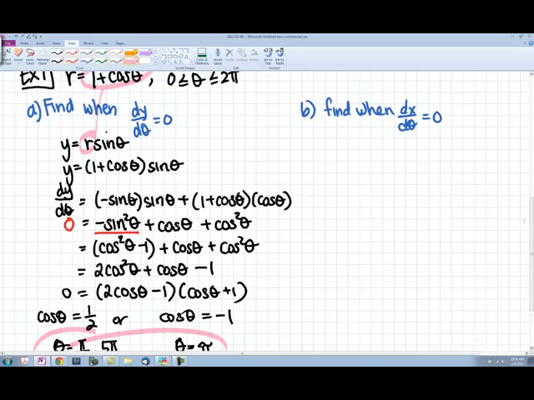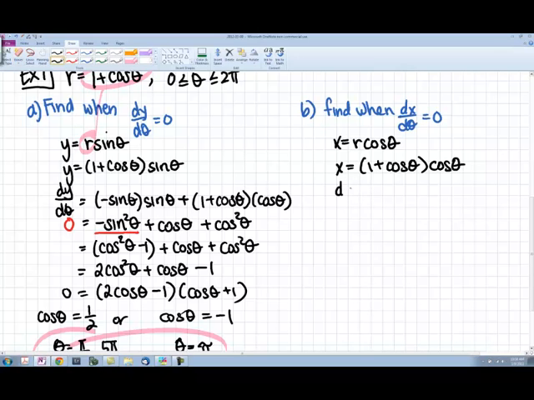So then I'll go back up, and I'm going to do a similar kind of thing for when dx d theta is equal to 0. So this time I'm going to use x equals r cosine theta. So therefore x equals 1 plus cosine theta times another cosine theta.